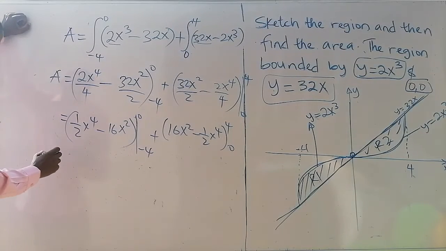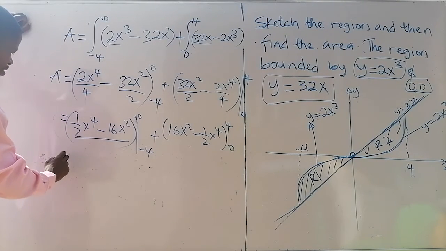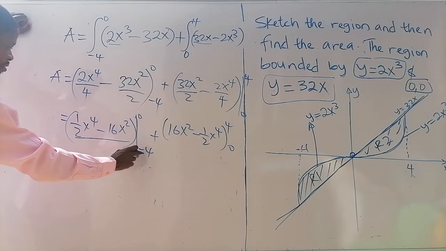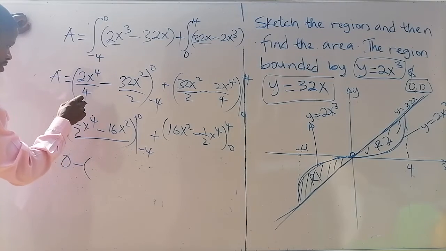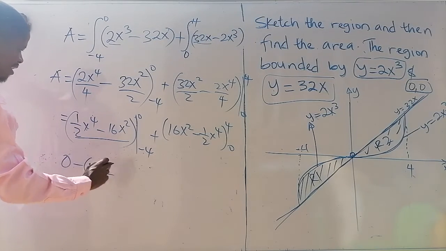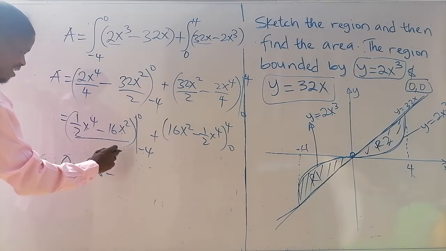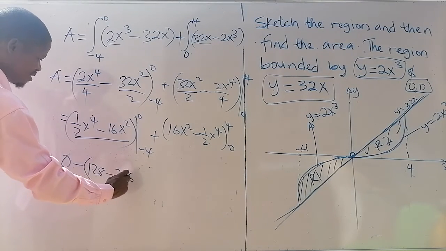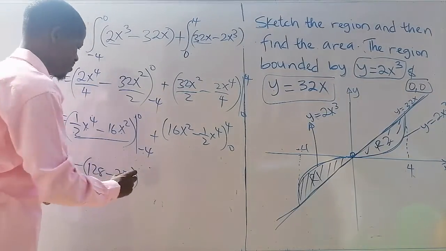Begin to substitute now. For the upper, everything here will be 0. We substitute 0 there, minus your lower, that's minus 4. Minus 4 to the power 4 is 256, times half, that's 128. Then minus this one, minus 4 squared is 16, times 16, that's 256. I'm through with both the lower and the upper limits.